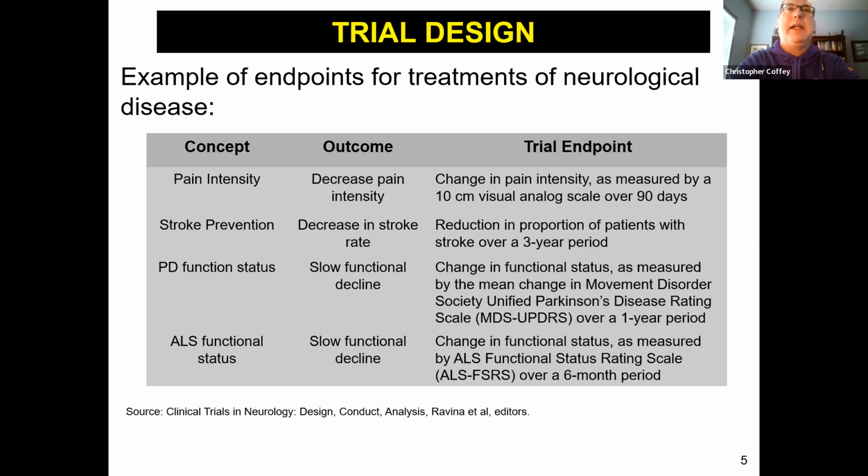But then you have to take that and quantify it into an endpoint that you can measure, assess and test in some way. So maybe that becomes change in pain intensity as measured by a 10 cm visual analog scale over 90 days. Or for stroke prevention, decrease in stroke rate, right? Reduction in proportion of patients with stroke over a 3-year period. So you have to give some more specifics to know what you want to measure. And then that will, again, drive the way that you design and set up your trial. Next slide.